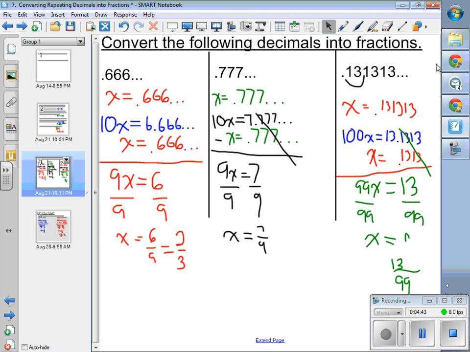So when we do our subtraction, we get 100x minus x gives us 99x. And then all the decimal stuff subtracts itself. So we're left with 13. So we've got 99x equals 13. Then we divide out the 99 on both sides, and we're left with x on one side and 13 over 99 on the other.